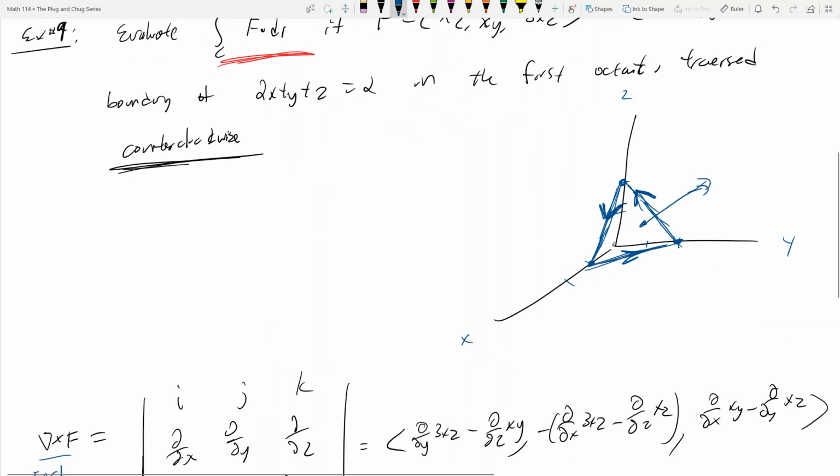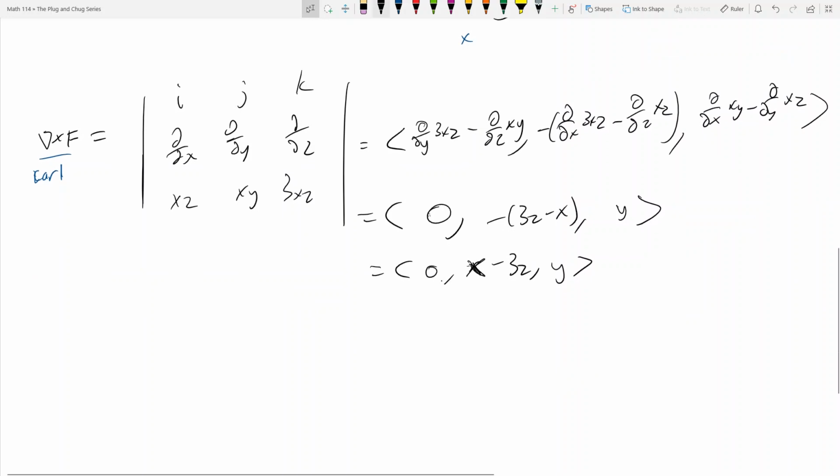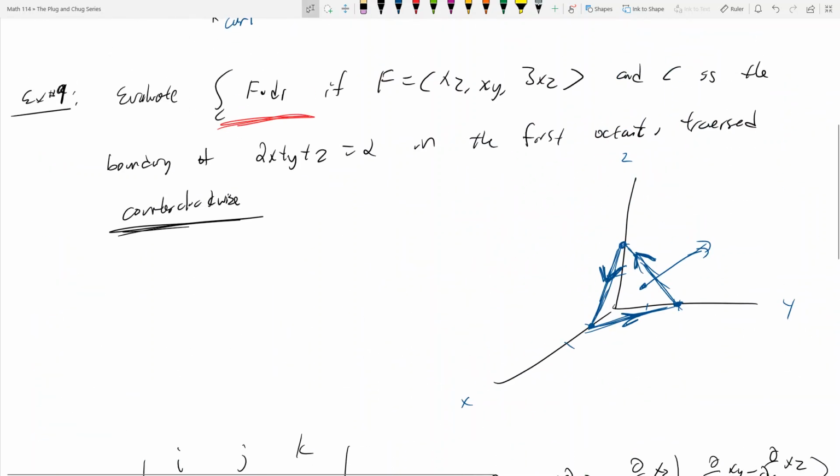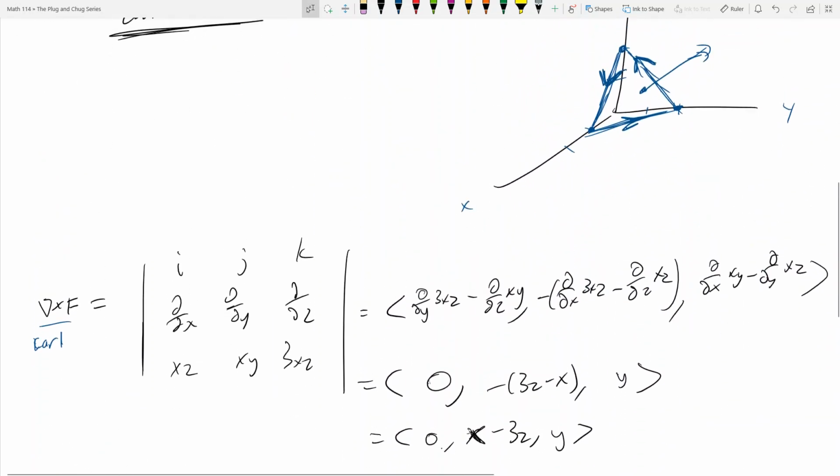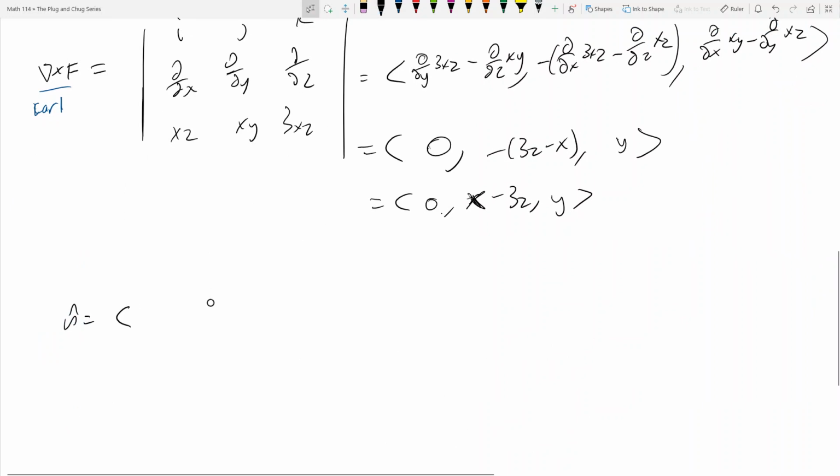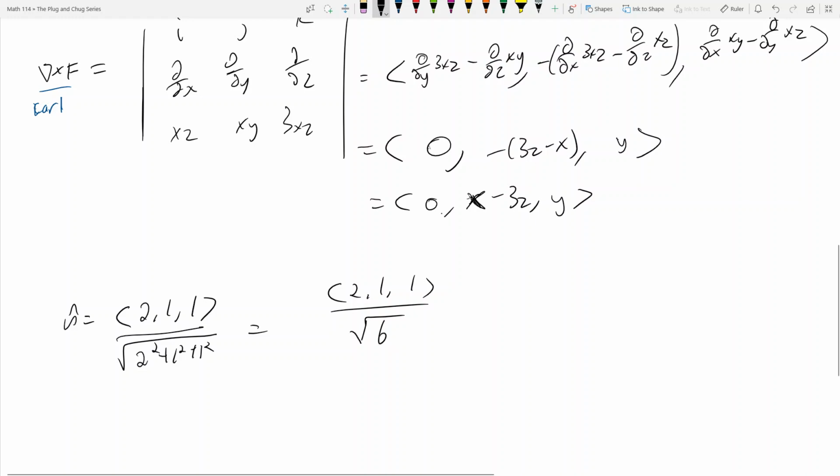We should all remember how to calculate the normal of a plane. The normal is (2, 1, 1). But we want the unit normal, so we need to divide by the magnitude: 2 squared plus 1 squared plus 1 squared. So it's (2, 1, 1) over root 6.